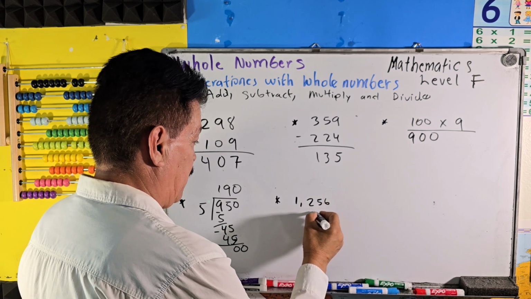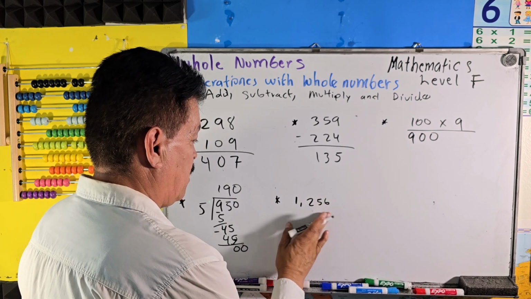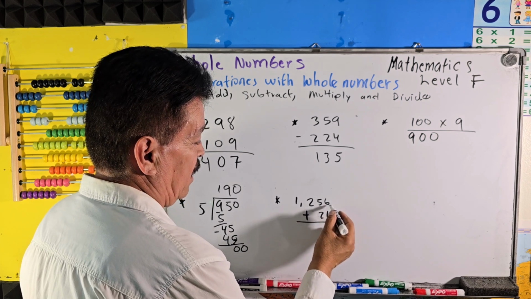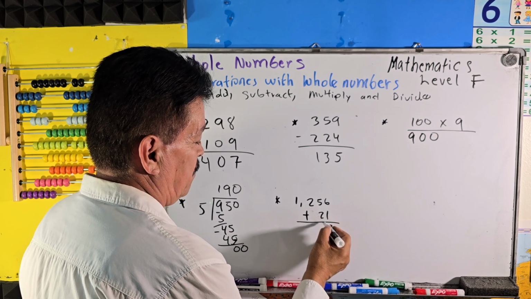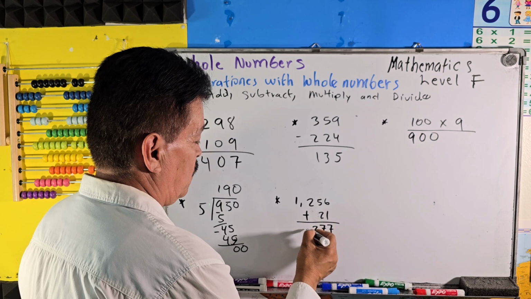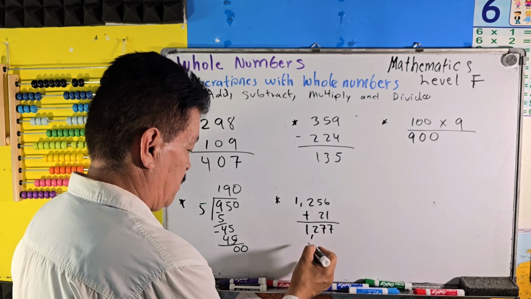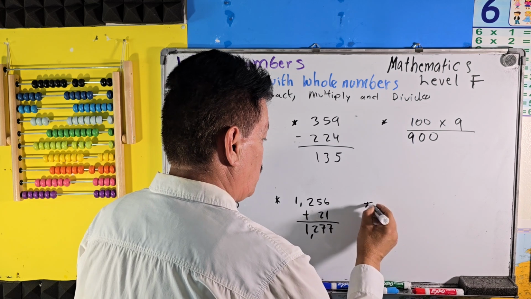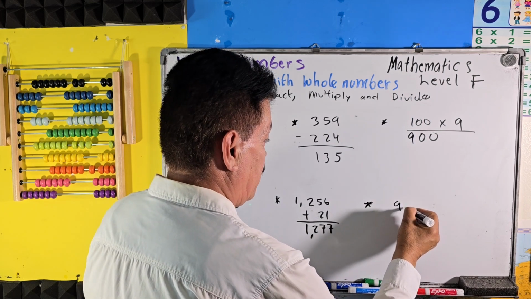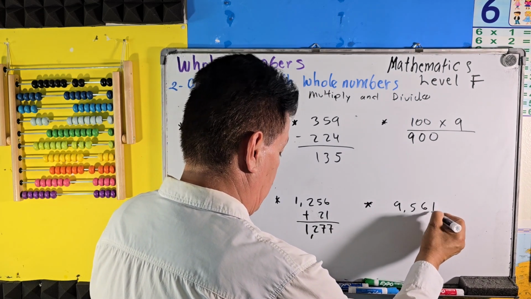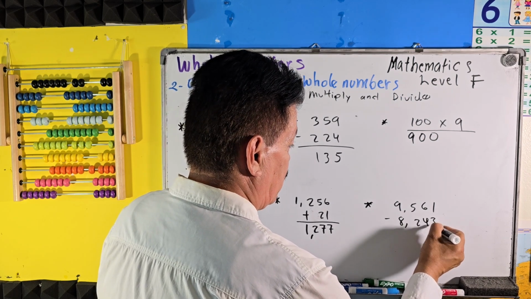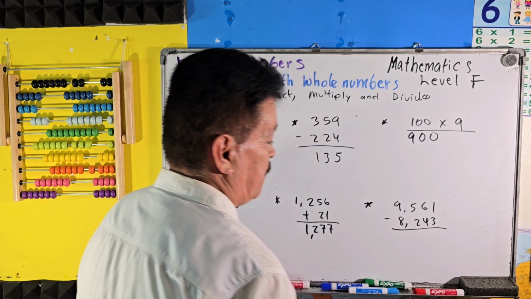So here, let's write 1056 plus 20 plus 21. So 6 plus 1 is 7, 5 plus 2 is 7, this is 2, this is 1. There you go. So now let's subtract this problem. 561 minus 8,253. 243.